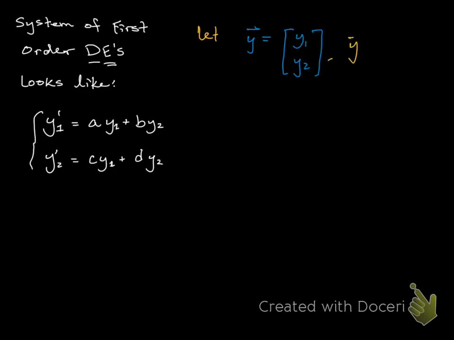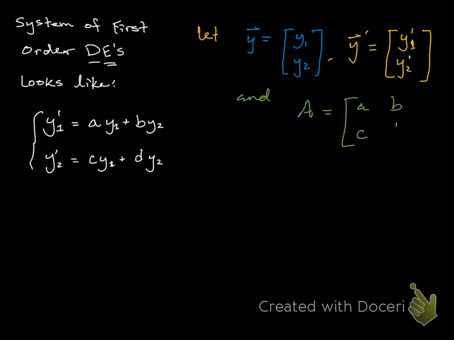But that means that y prime, the vector, is y1 prime, y2 prime. So we're taking y in vector form to be y1 and y2. Those are basically my solution vector. Then y prime is the derivative of those solutions. And then in green here, I'm going to say A, the matrix, it's just going to be those coefficients, a, b, c, d. Right, it's that easy.